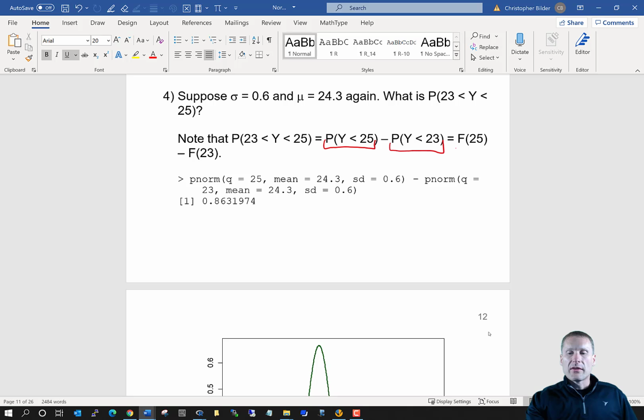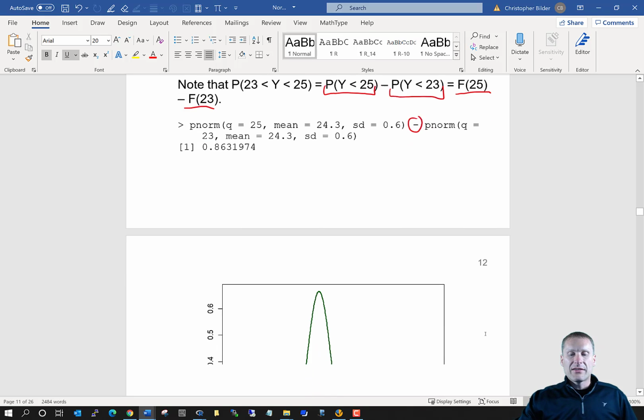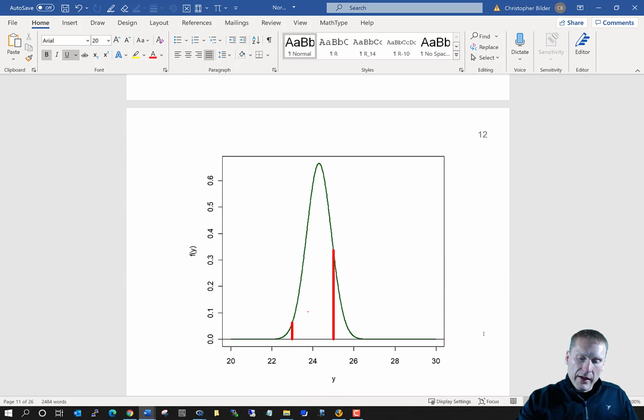In other words, the CDF evaluated at 25 minus the CDF evaluated at 23. Again, the function in R that gives us that CDF is pnorm. So I apply pnorm twice, or I connect the two with a subtraction. And I get 0.86. And so the area underneath the curve right here is 0.86.